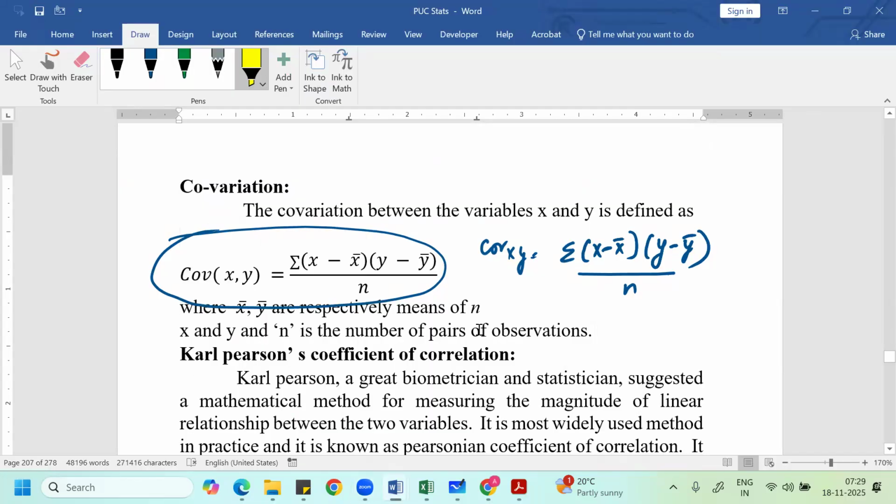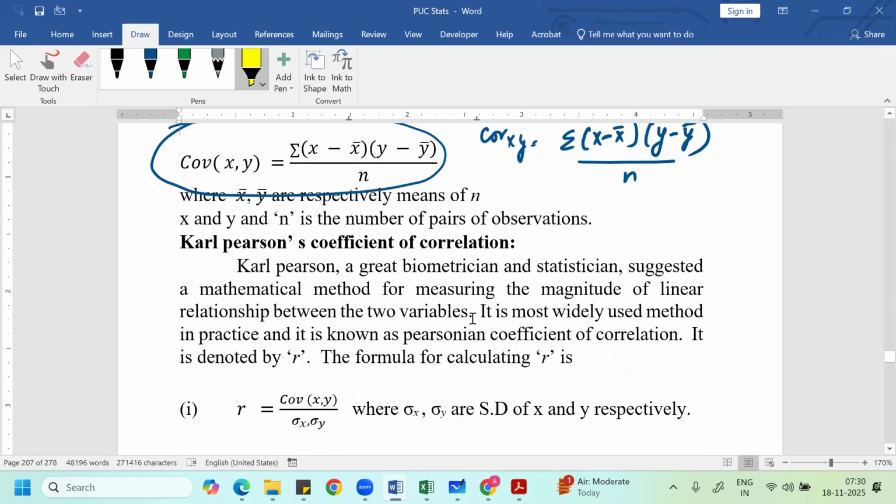Going further, this is the formula of covariance. Mathematically, if you get some value of covariance like 0.25 or 0.39 or minus 0.25, it will not highlight anything as such, but we use covariance to find the value of the correlation coefficient.